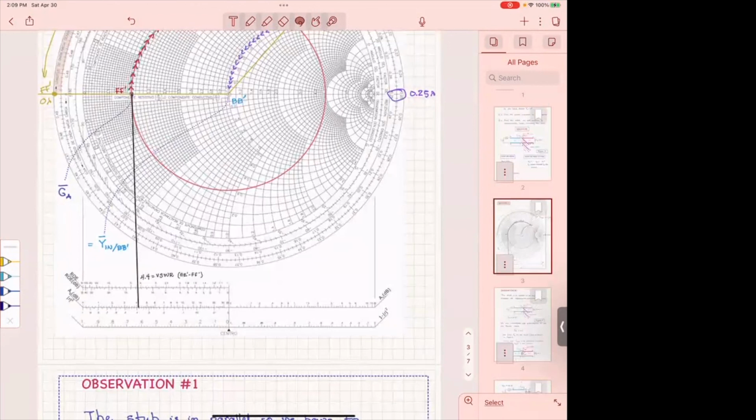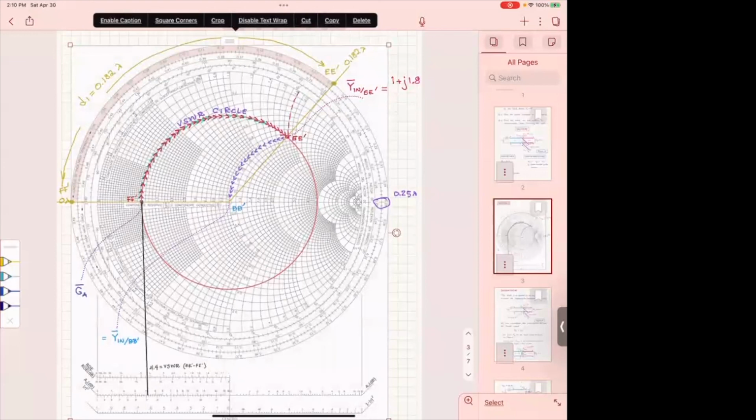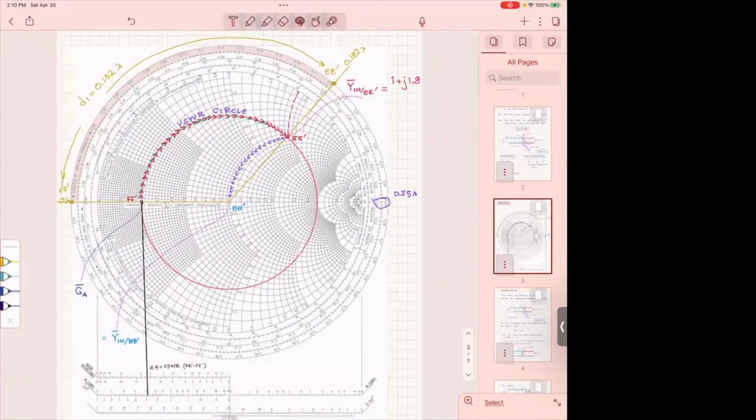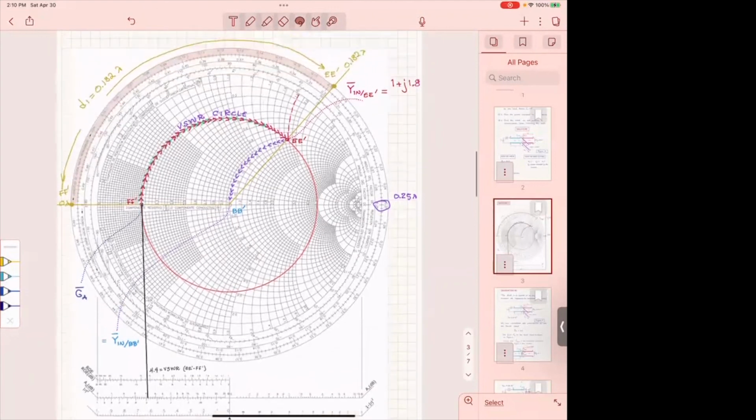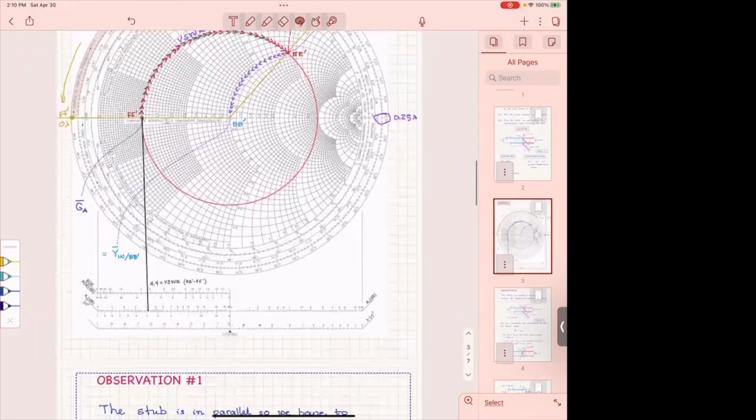That's why this line stops here, because it only goes from the left side. Exactly, that's a very good observation.